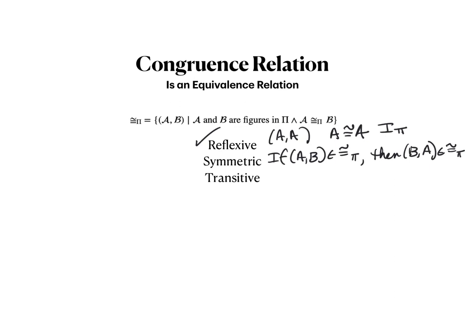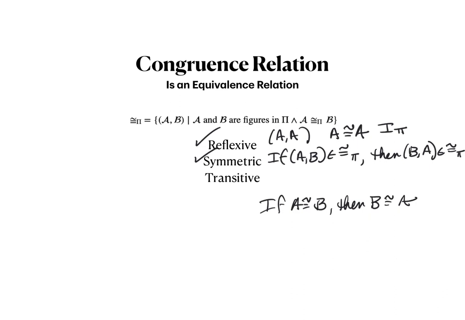Now, to be in the congruence relation, that says if A is congruent to B, then B is congruent to A. Now, think about it. If there is an isometry that will map A to B by reflection over lines, then there is an isometry that will map B back to A. All I have to do is reverse the order in which I reflect. So it's also symmetric.